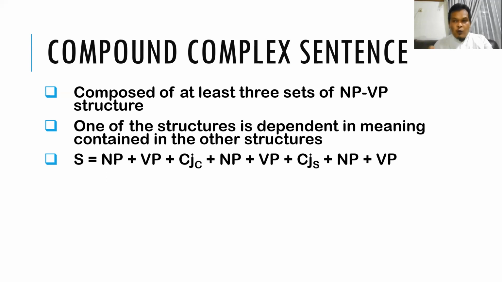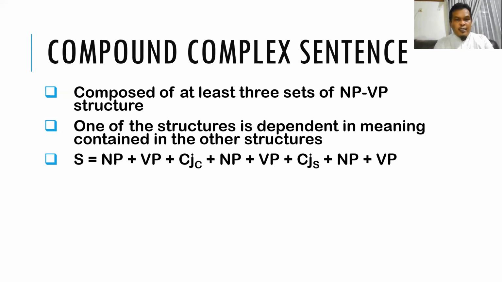Okay, now we are talking about the basic or underlying structure of a sentence, because in the next meeting we are also talking about the transformational process. So you can see that the position of coordinate conjunction or subordinate conjunction can be different from what you have now in the underlying structure of a compound complex sentence.